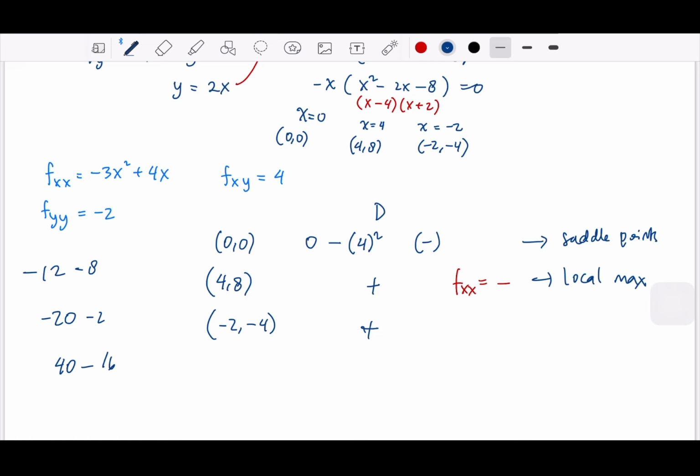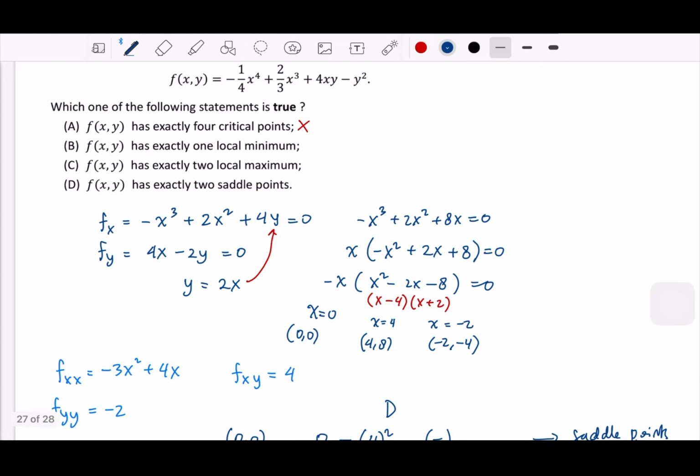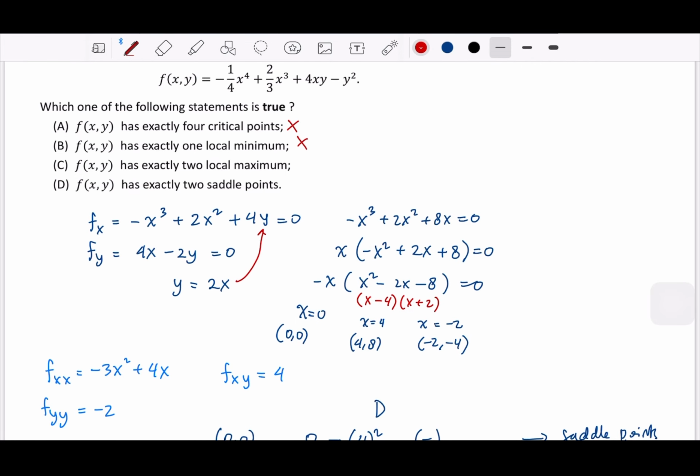And I check the partial xx, it's negative, another negative, it's similar, right? So we'll have another local max. So we have two local max. So no local minimum. So we have two local maximum. So it's C.